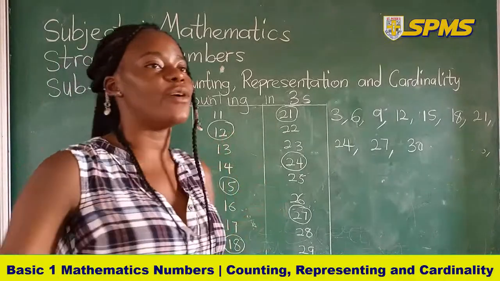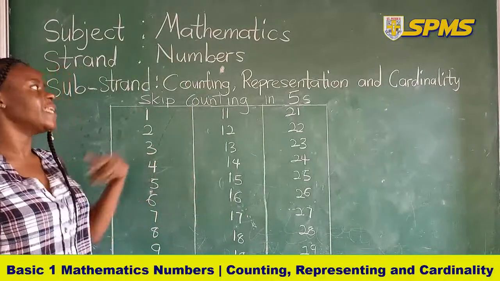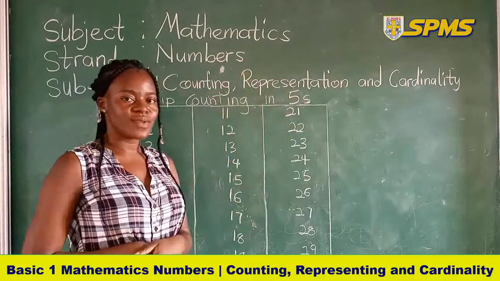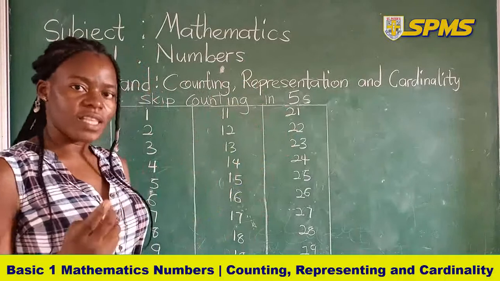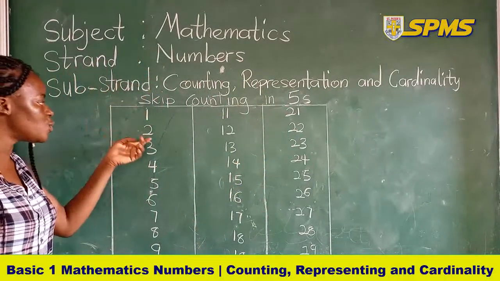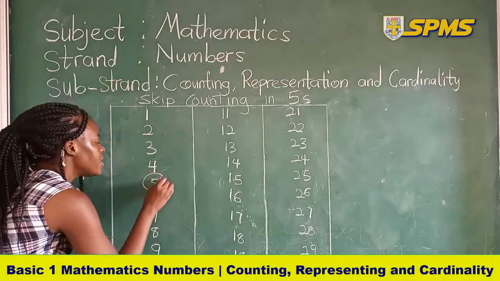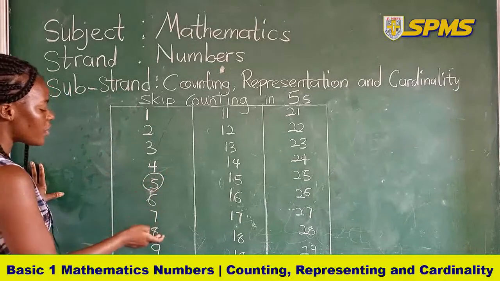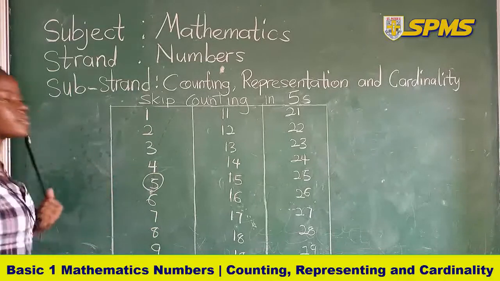Okay, let's move on. Okay, lovely children, what do we have on the board? Skip counting in 5s. We are doing 5. Let's do it. So 5. 1, 2, 3, 4, 5. We circle it. Next number. 1, 2, 3, 4, 5. We circle it.